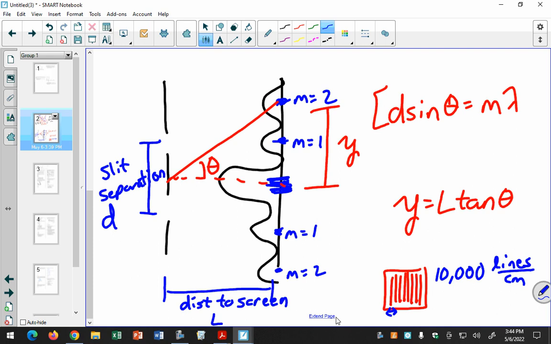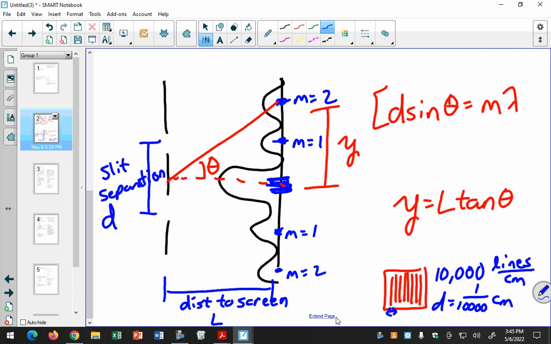But a line per centimeter. If I want to know d, I do 1 over 10,000. Be careful because that's going to be in centimeters, so you'll need to move that decimal place 2 places over. So that's how diffraction gratings are different. That was in your free response, I think, for that exam, where you had to do that and calculate y for a diffraction grating. Cool?